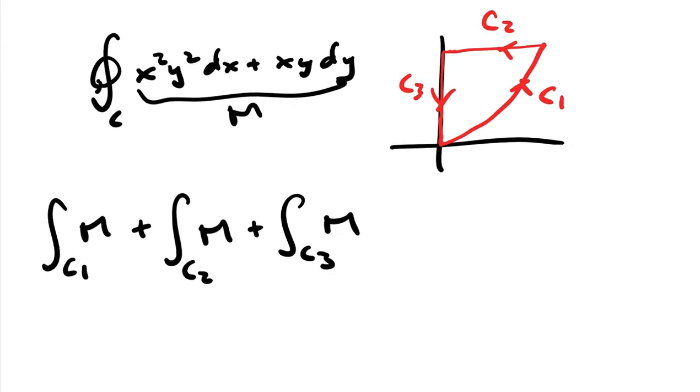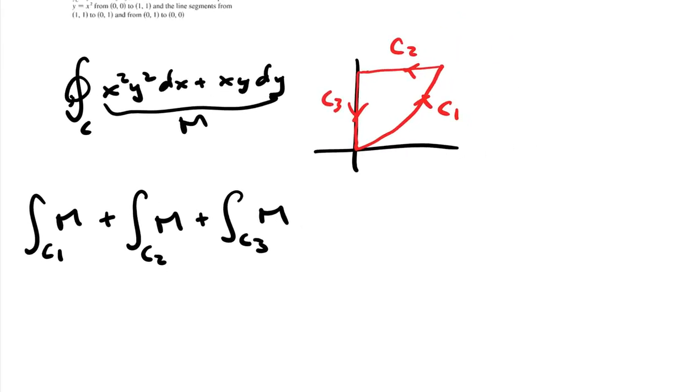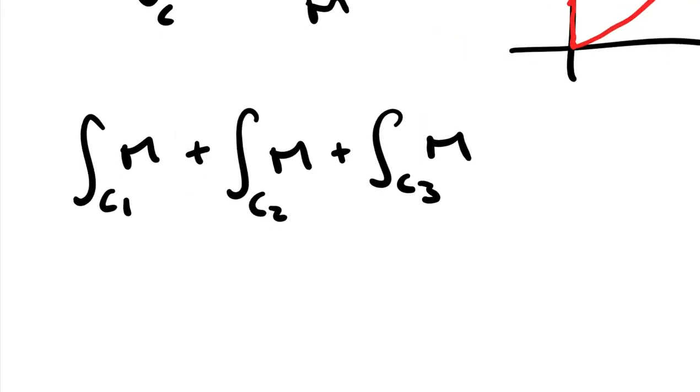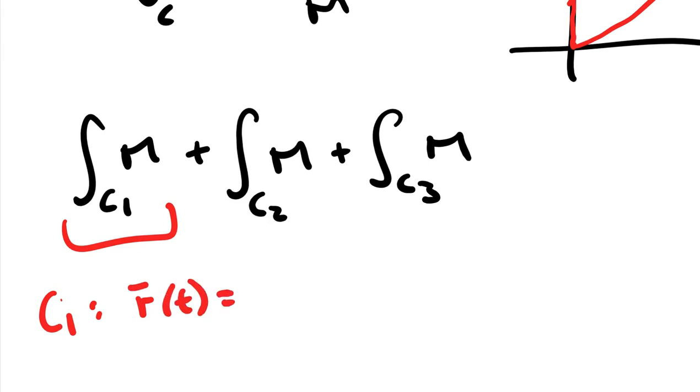So in order to do this first one, C1, the parameterization would be r of t equals, well, you can do r of x actually. r of x is x comma x squared.